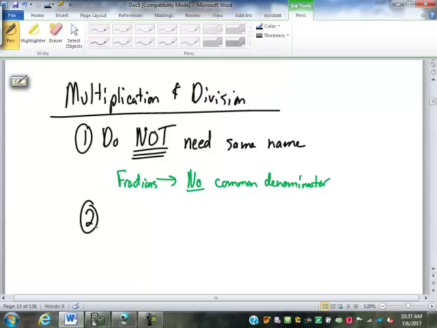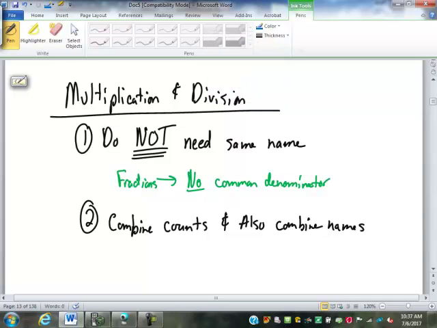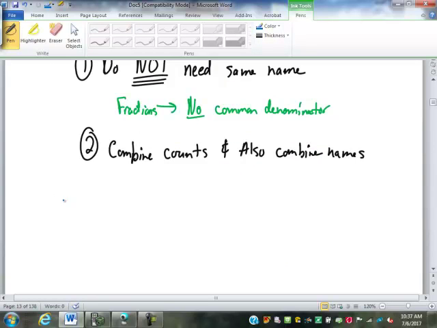The second part of multiplication and division is we're going to combine the counts with whatever operation we're using. But instead of keeping the same name, when we multiply or divide, we also combine the name. So with decimals, what that looks like, let's say I have 0.21 times 0.3.